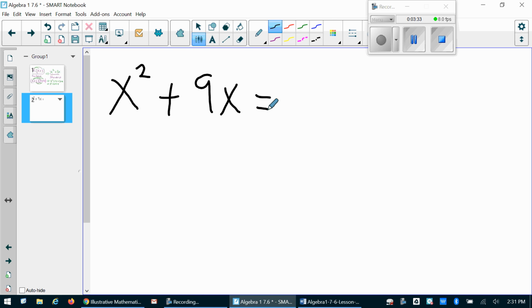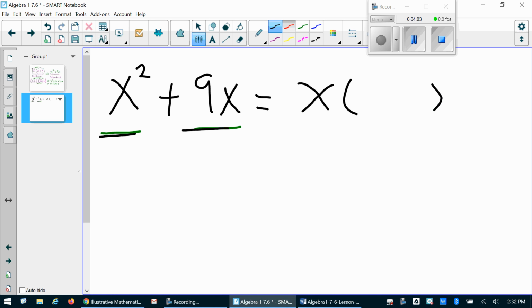If I wanted to convert x squared plus 9x from standard form to factored form, notice first off that we have the square term and the linear term. We don't have the constant term, which is just the number. What I can do is pull out an x. Both of these pieces have an x in them. So I can rewrite this as x times whatever I get when I divide by x, technically.